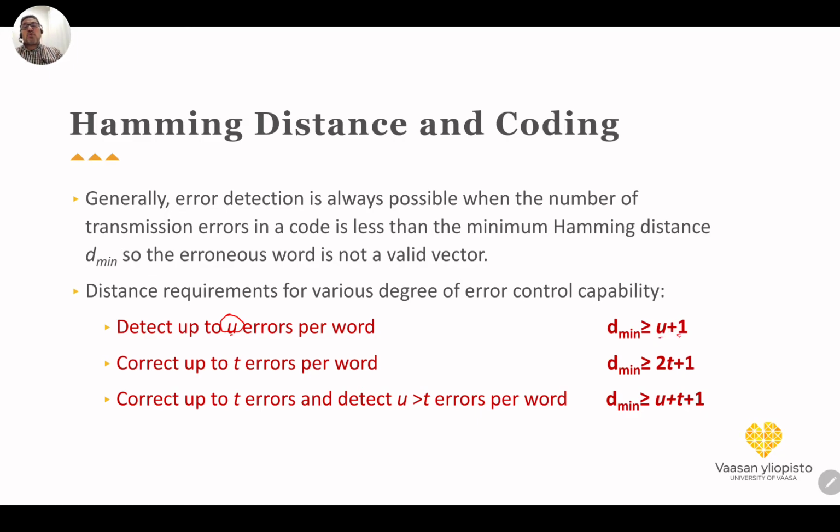For example, if you want to detect only one error in a bare word, then you should design your encoder to have a minimum Hamming distance of 1 plus 1, which is 2.